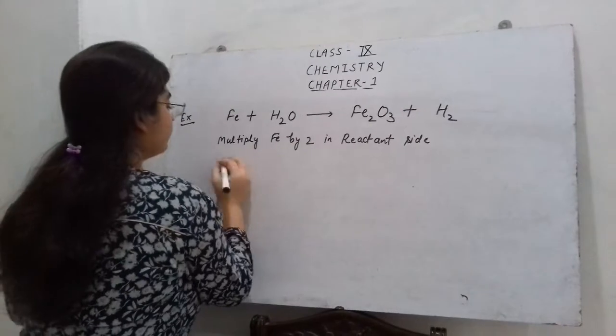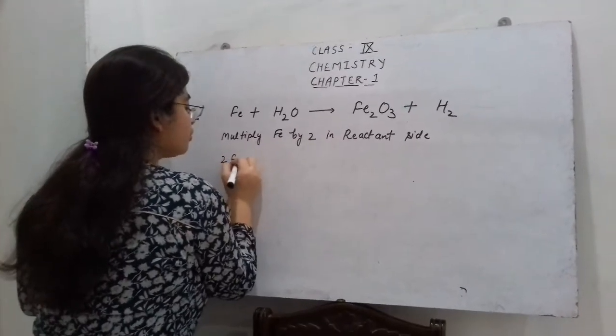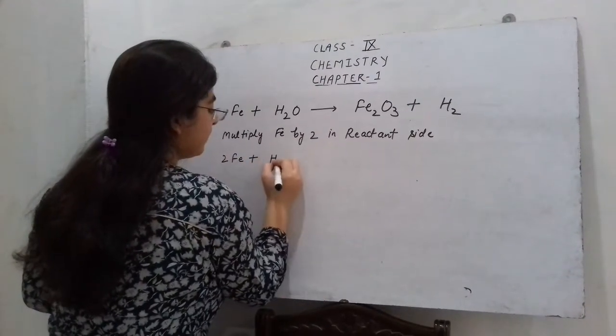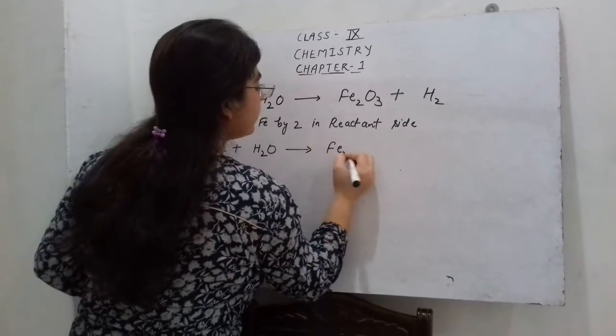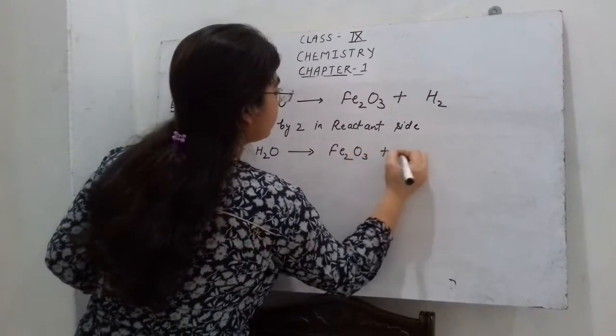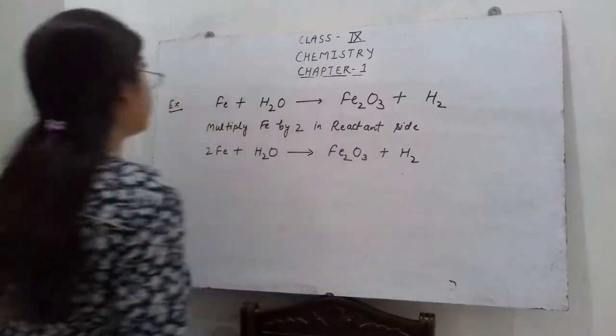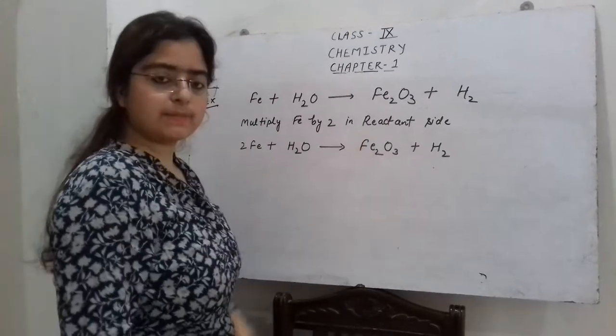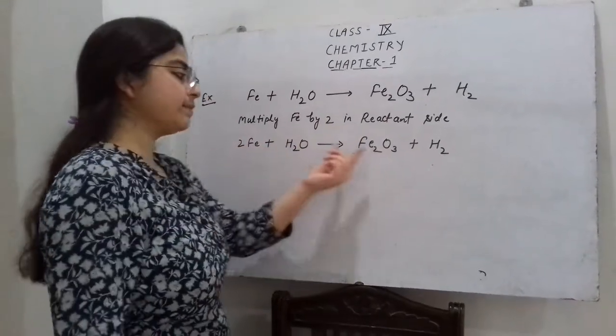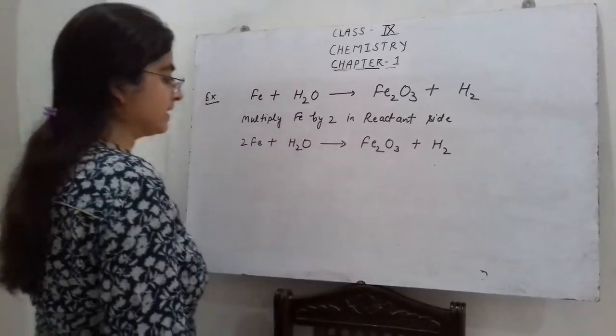We will get 2Fe plus H2O gives out Fe2O3 plus H2. Now iron is balanced here. Number of iron atoms became 2 both the sides.